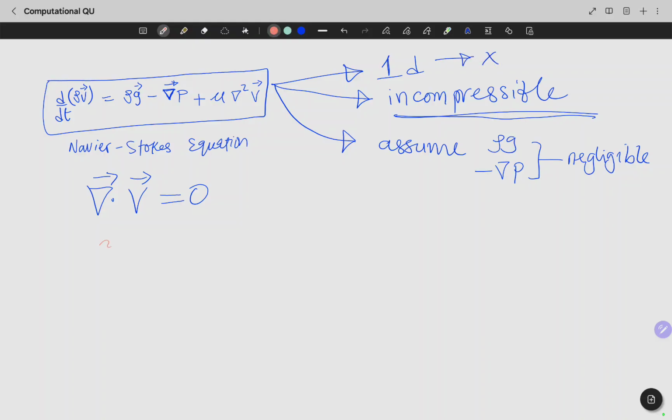So you're going to end up with an equation like this: dv by dt, rho is here, equals, this guy is 0, this guy is 0, so you have mu, or sorry, we're in 1D, so we can say d squared v by dx squared.